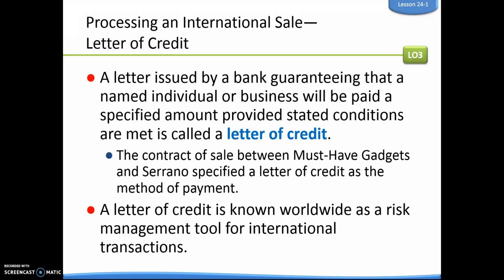So the contract of sale between Must Have Gadgets and Serrano specifies that the letter of credit is going to be the method of payment from Serrano to Must Have. A letter of credit is known worldwide as a risk management tool for international transactions. It's a way to assure payment because it has to be verified by the bank before they're allowed to issue that letter of credit.